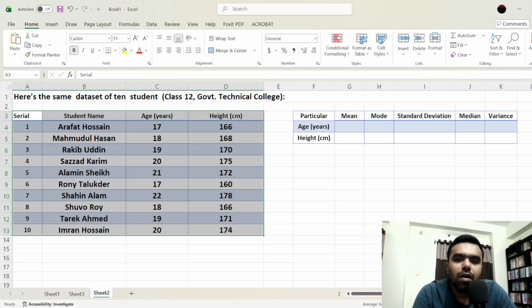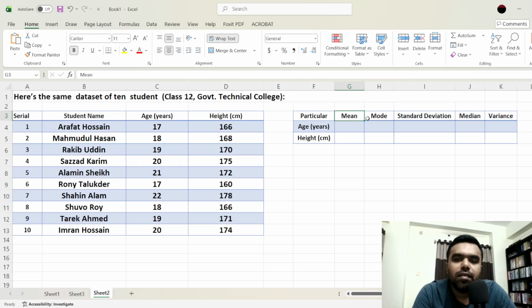Now, here we can see some mathematical terms written, like mean, mode, standard deviation, median, and variance. From this data set, we will determine the mean of their ages, mode, standard deviation, median, and variance using Excel formulas and functions.